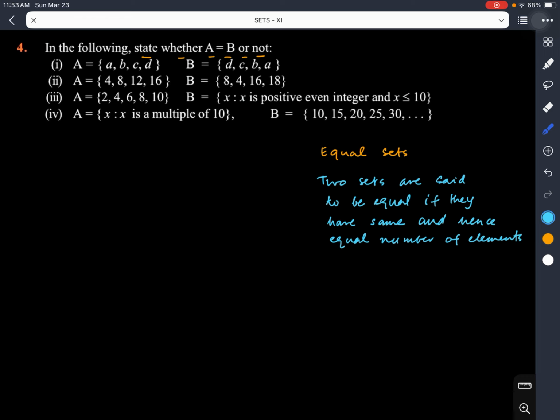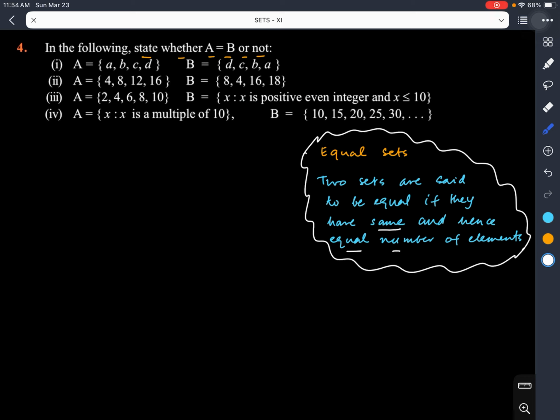So two things to be noted here: if the given two sets have the same as well as equal number of elements, then the two sets will be equal. Keeping this in mind, let us try to solve question number 4.